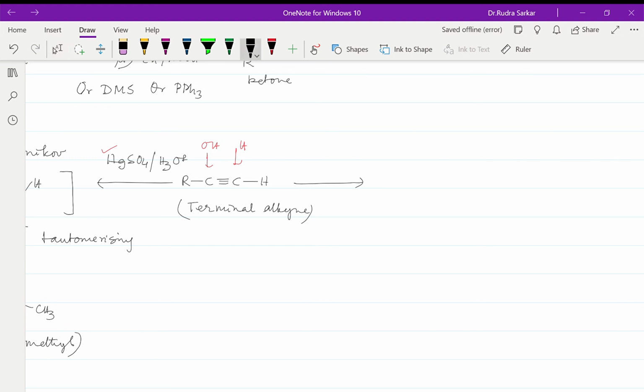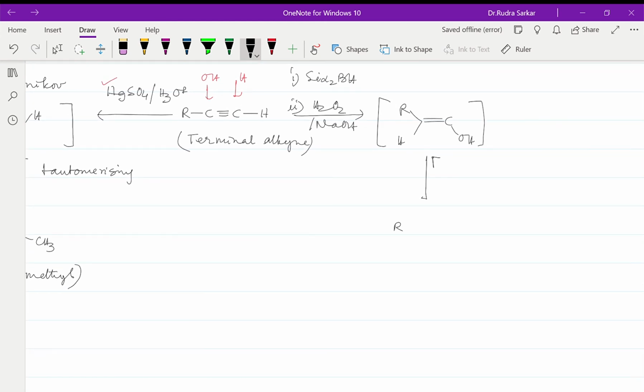So whenever you see a ketomethyl group, you can think backwards there will be a terminal alkyne. However, if you are using the hydroboration oxidation process, which obviously involves disiamylborane followed by, so this is the reducing agent, followed by H2O2 in NaOH, which is the oxidation process, our enol here will be of this structure and will be tautomerizing to the corresponding aldehyde as shown.